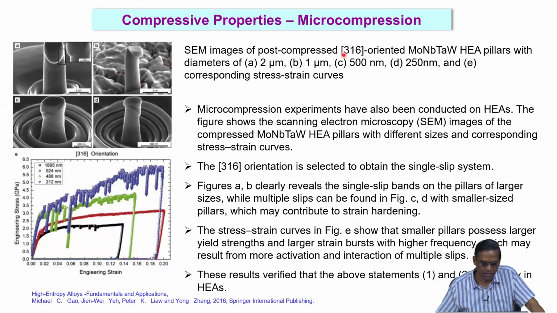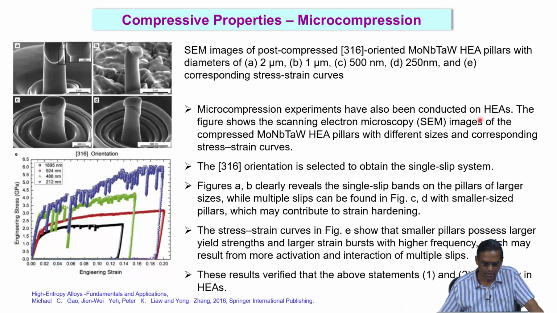What you are seeing is the SEM images of post-compressed 016 oriented molybdenum, niobium, tantalum, tungsten high entropy alloy pillars with diameters of 2 micron, 1 micron, 500 nanometers and 250 nanometers. And what you see is the corresponding stress strain curve.